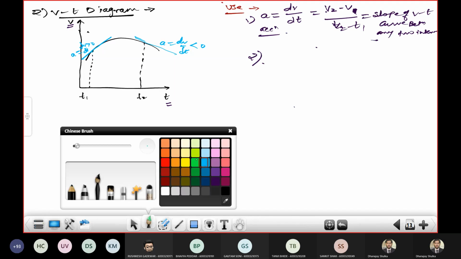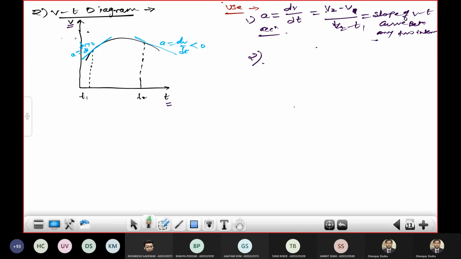What is the third thing? Can you tell me? If I consider some strip here of thickness dt, and this height represents V. This is V and this is dt. So what will be the area of this strip?